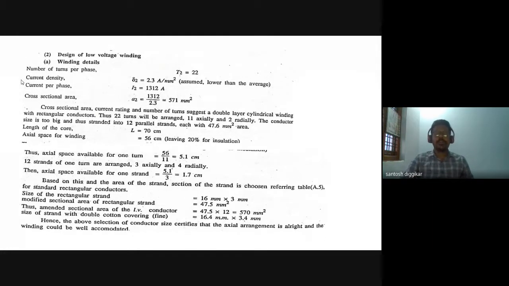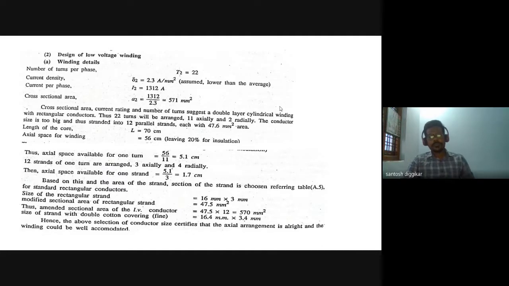Since there are 22 turns, these will be arranged 11 axially and 2 radially. That means vertically we are taking 11 coils, and radially we are taking 2 coils.